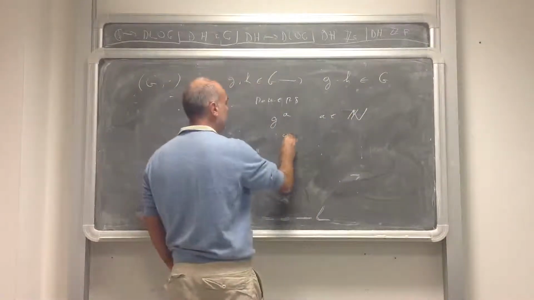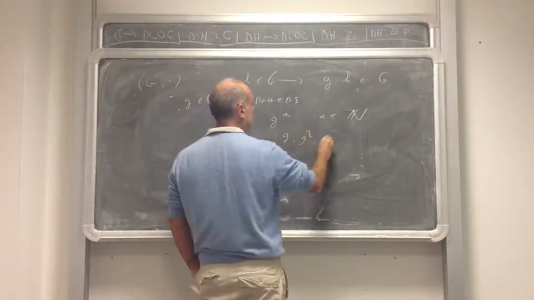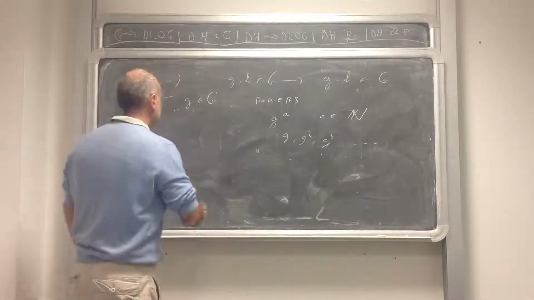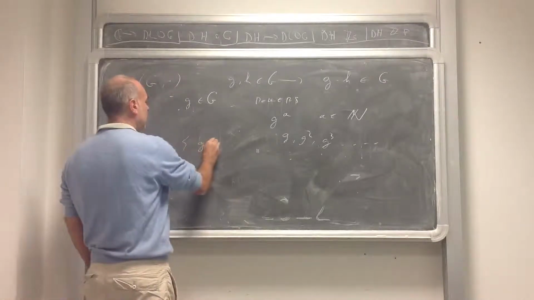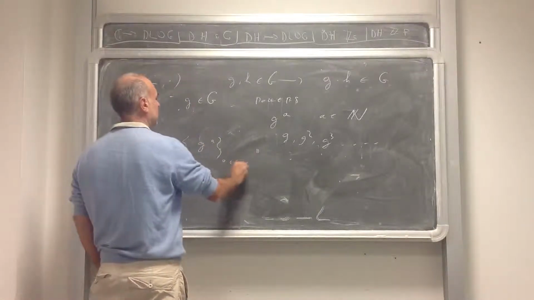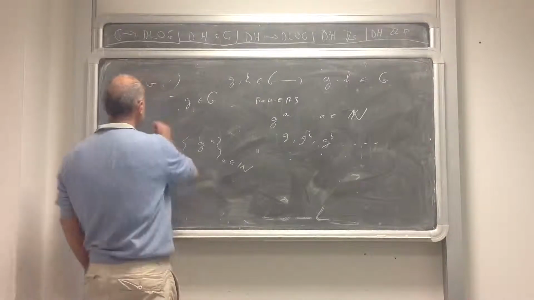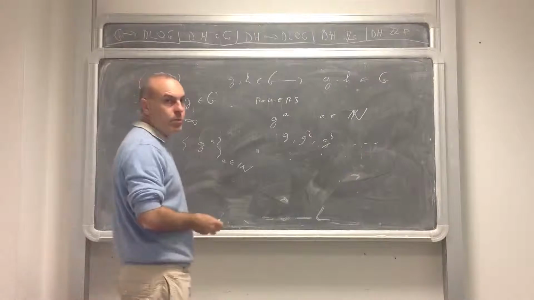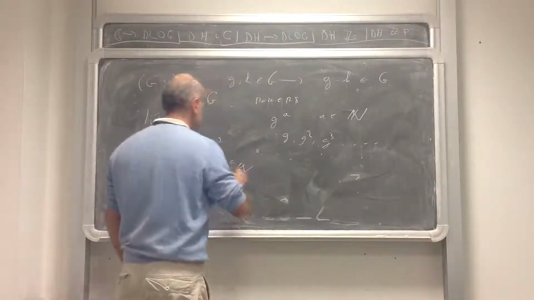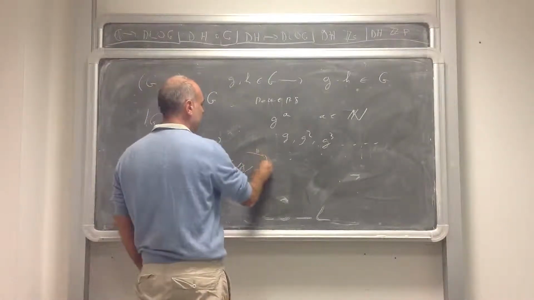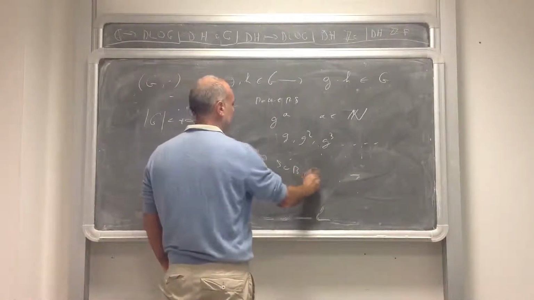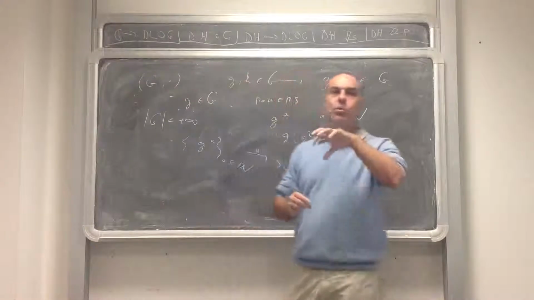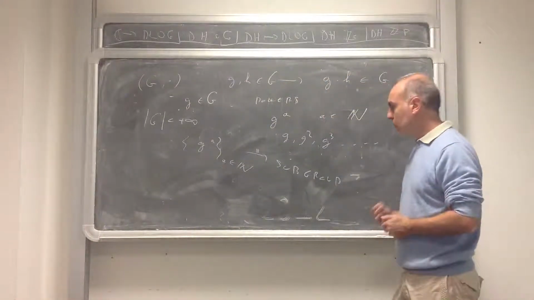So we can consider G, G squared, G cubed, etc. Now if we take all these powers, if G is finite, then also these powers will be finite. And actually they form a subgroup. So it's a group inside the group, a small group inside.